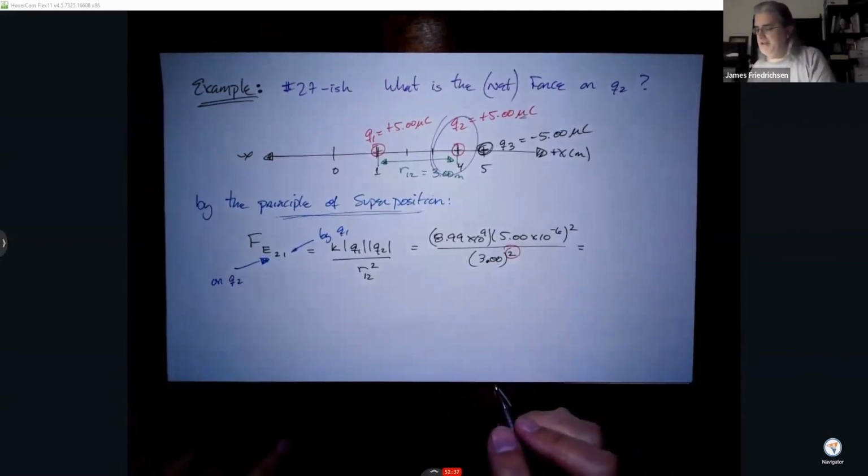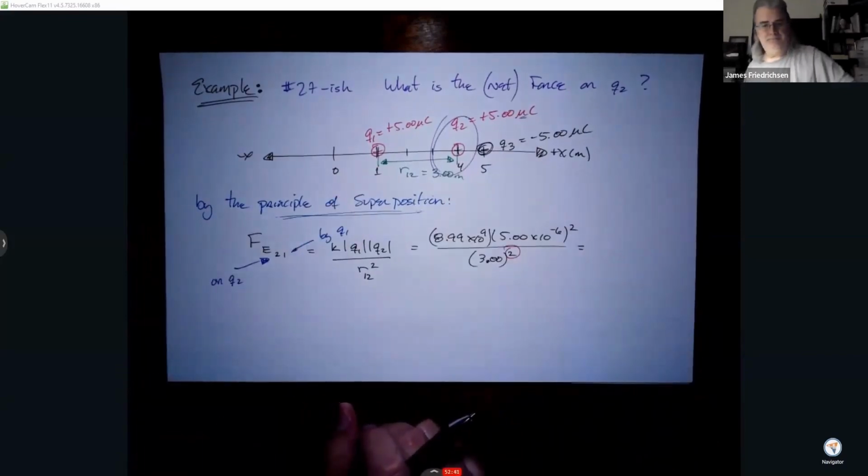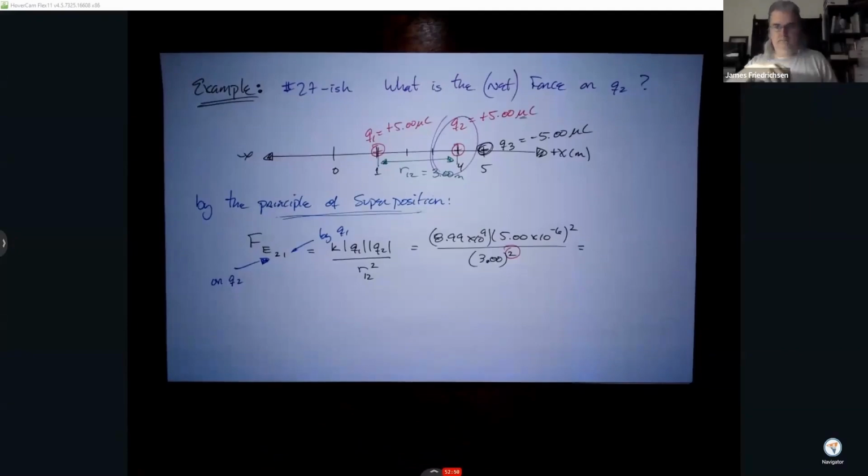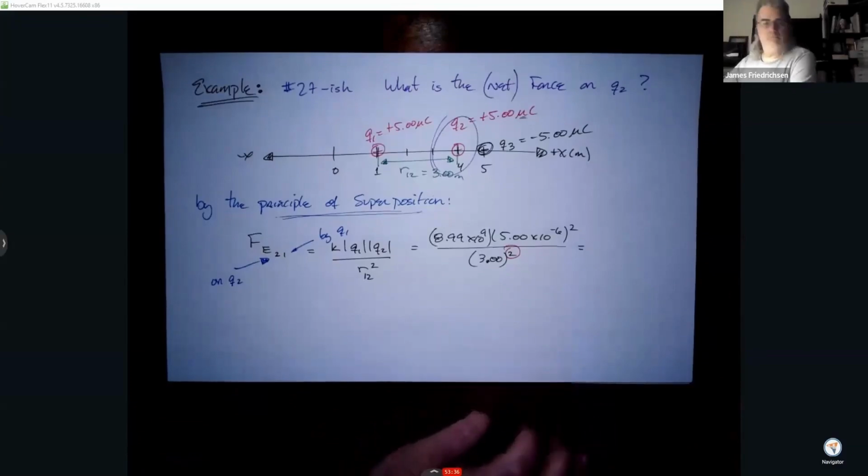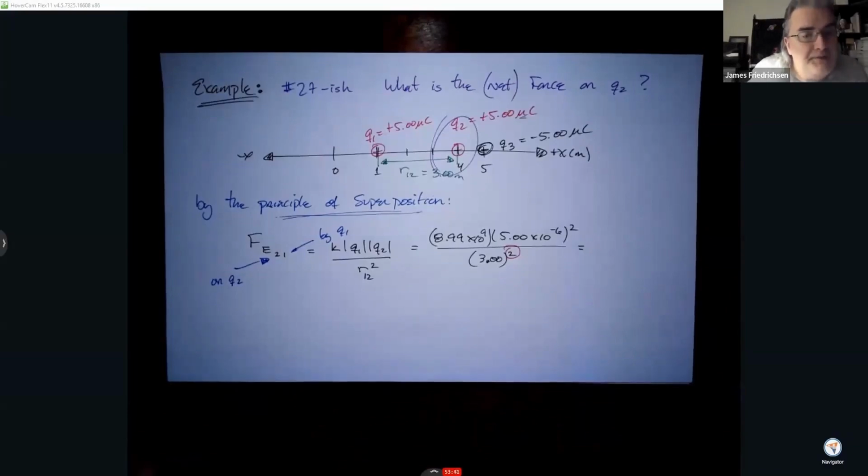And then let's evaluate this magnitude of the electric force between charges 1 and 2. That gives 2.50 times 10 to the minus 2.